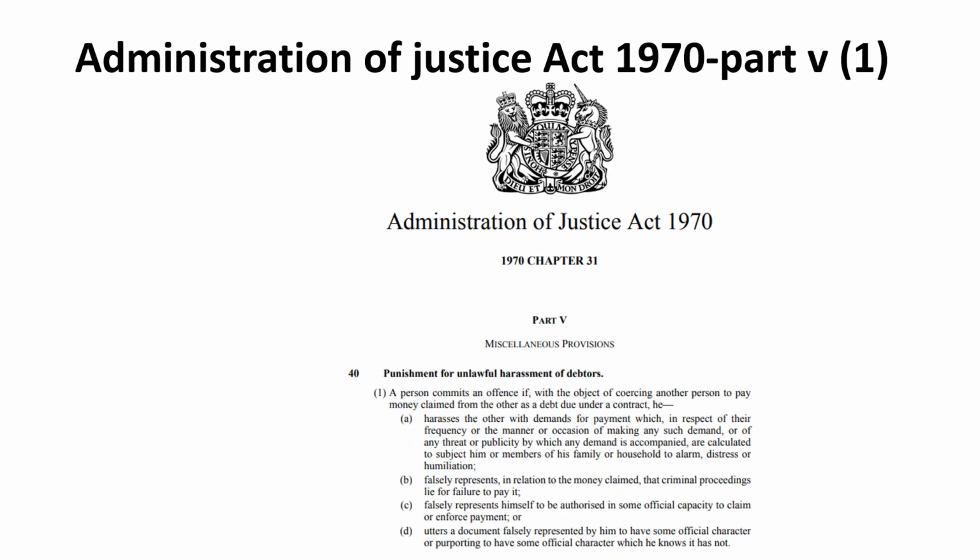The Administration of Justice Act clearly states any person commits an offense if they try to solicit funds, basically, and claim a debt under a contract, and or they harass you with demands for payment.